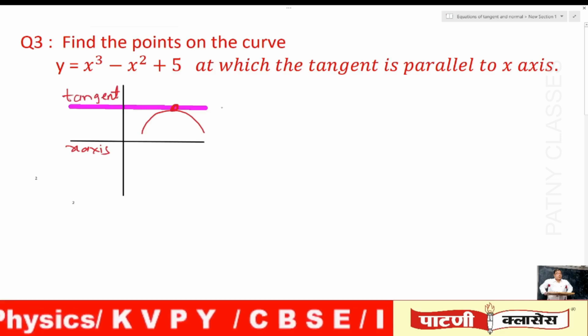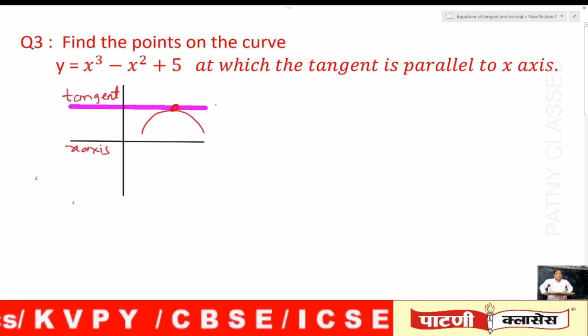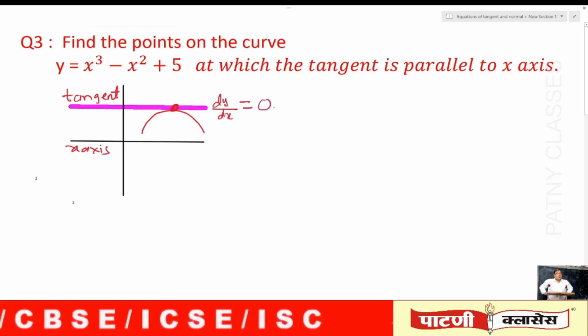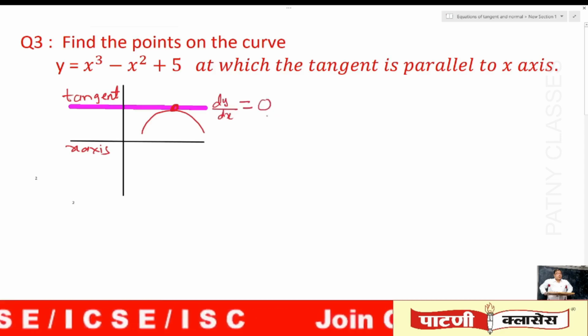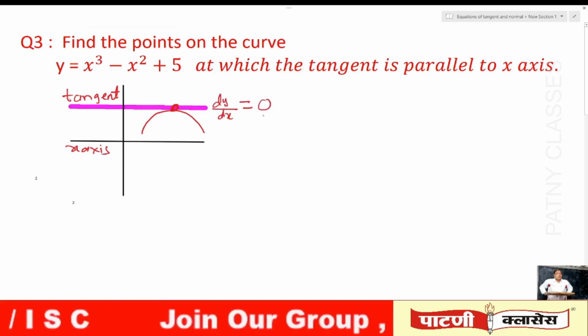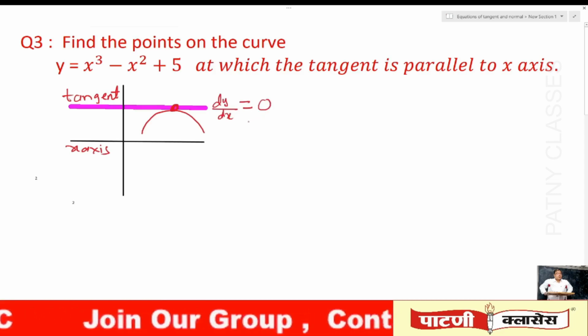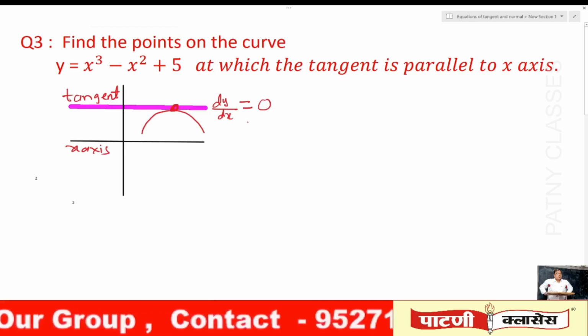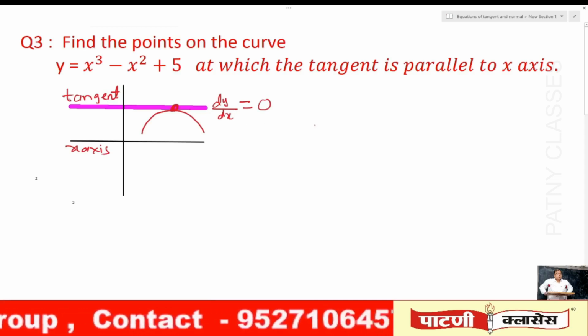Whenever the tangent is parallel to the x-axis, dy by dx equals 0. Why? The slope of the line is also 0 when it is parallel to the x-axis. Tangent is parallel to the x-axis implies the slope of the tangent is 0, which implies dy by dx equals 0.